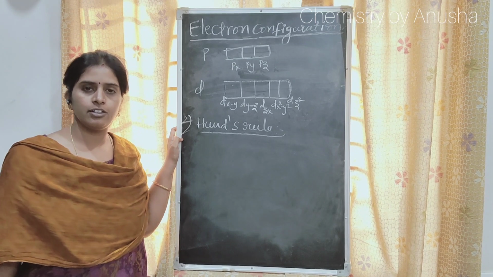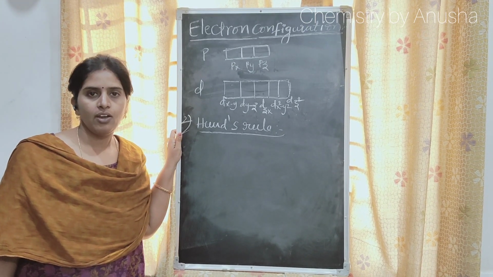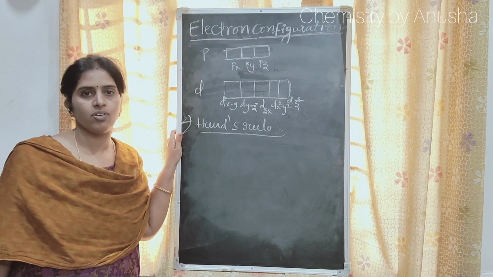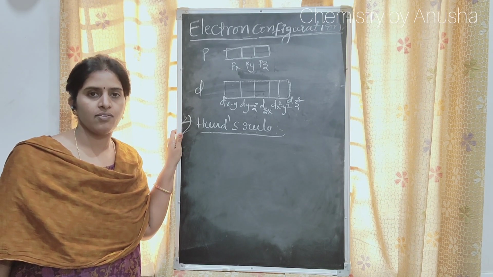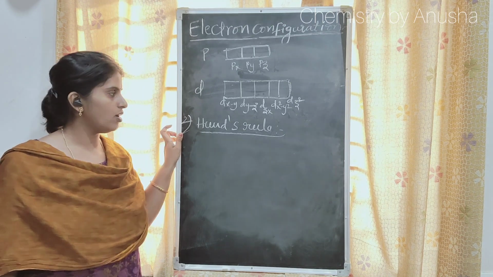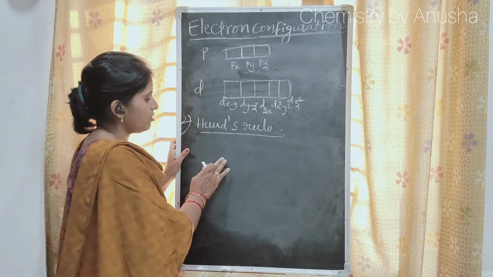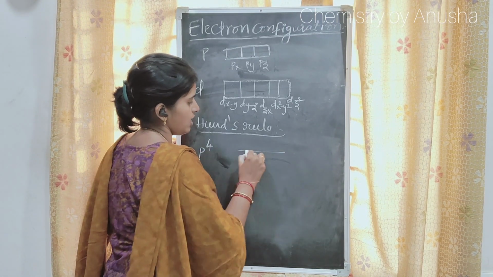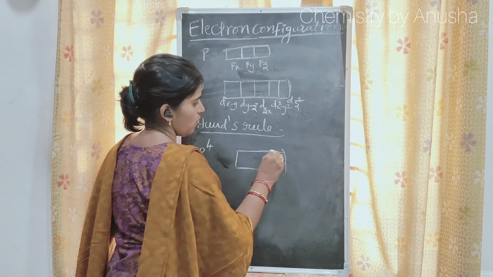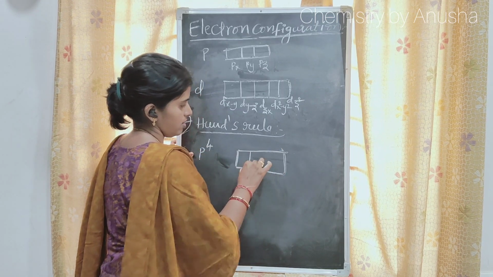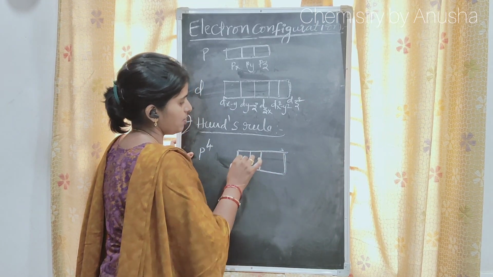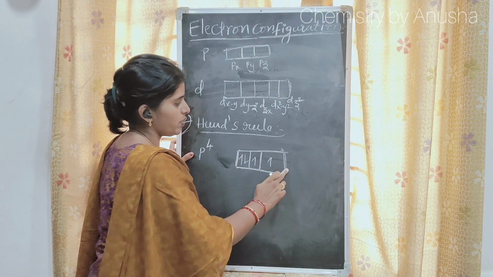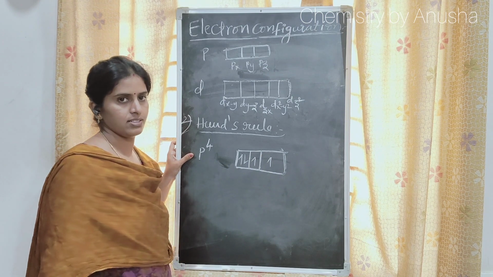in the case of degenerate orbitals, the pairing of electrons takes place only after filling each orbital with 1 electron. That is called Hund's rule. That means if a p4 configuration is there, the pairing in the p orbitals takes place after filling each orbital with 1 electron, like this.